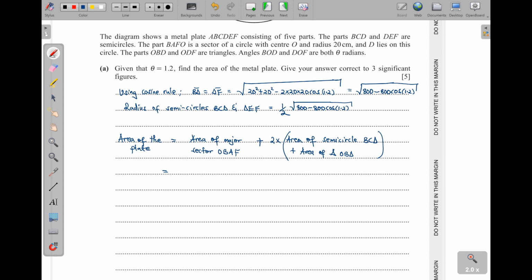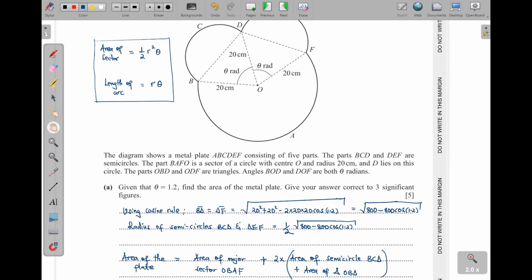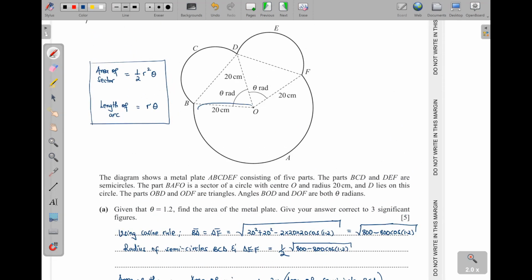Remember, we have area of the sector is a half r squared. So what is the radius of this major sector? It is 20, and then the angle here is going to be 2 pi, that is 360, then minus 2 theta.